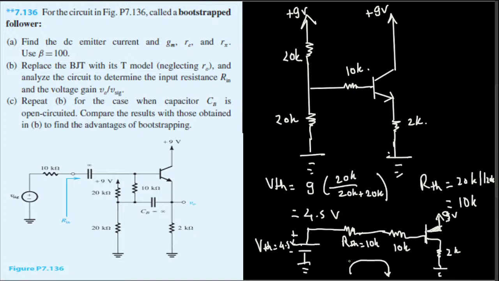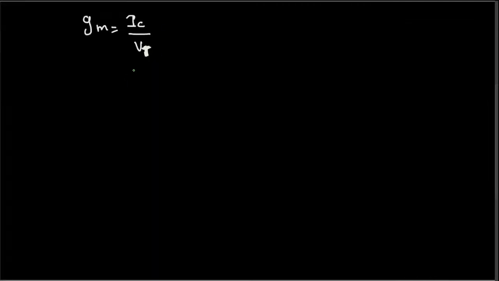So if I apply KVL here, KVL says VThevenin minus all the other voltages should be equal to 0. So we can also say VThevenin is equal to all the other voltages.